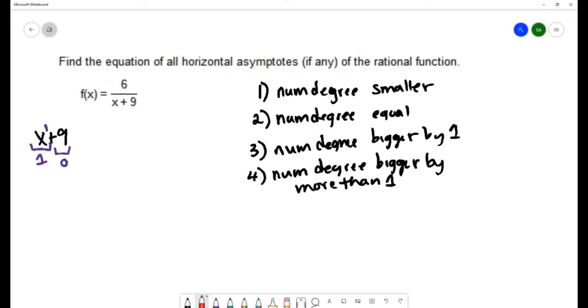And then for the degree of the overall polynomial or denominator, we're going to take the highest of those degrees. So the degree of the denominator is 1, and we call that m. Now for the numerator, we have 6, and the degree of something without a variable is going to be 0, and it's the only term, so we know that the degree of the numerator is 0, and we call that n.